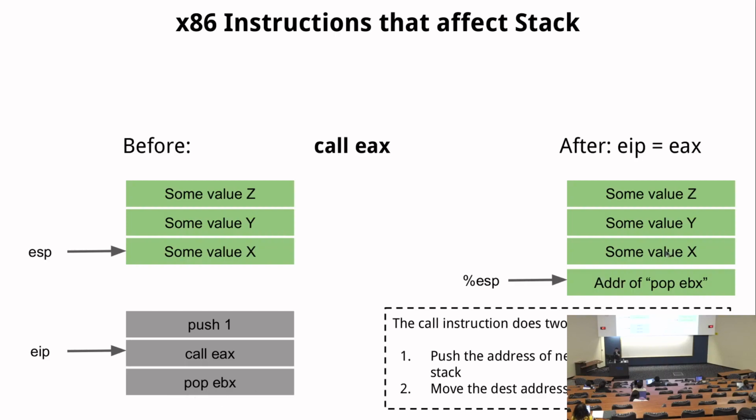So after that, the stack will look like this: Z, Y, X, the address of pop EBP. Then the destination, whatever is in EAX, will be moved to EIP. So EIP will not point here, EIP will point to whatever EAX points to. And that is how we call a function.